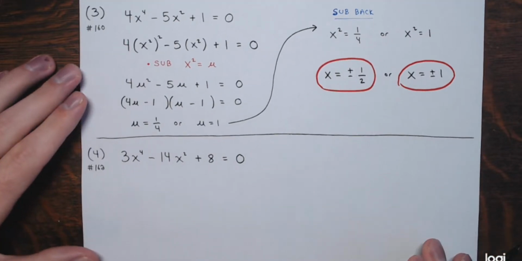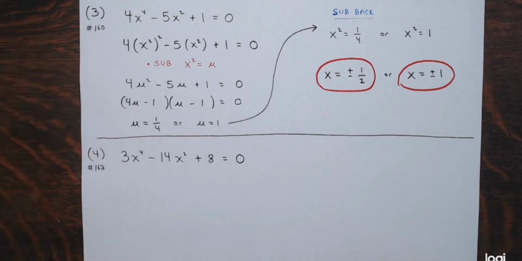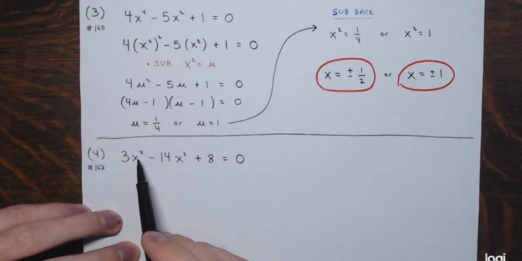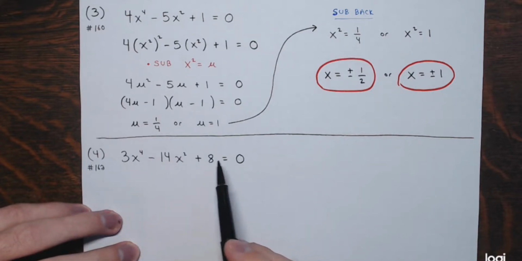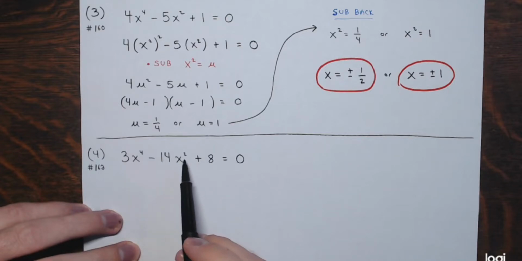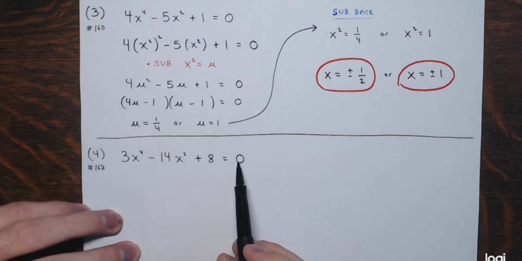Alright, number 4, very similar. Another quartic equation, but again, it's set up the way I want, where you see the power of the first term is double the power of the second term, and I've got a constant, and equals 0.